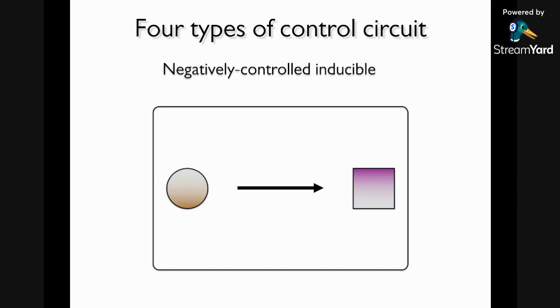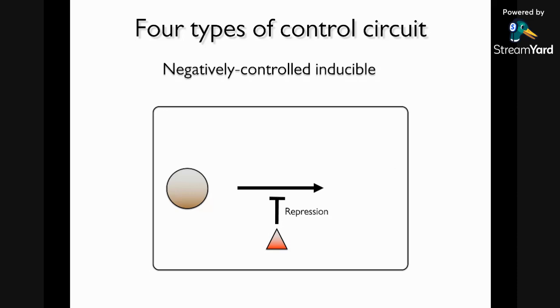If it is negatively controlled, I hope you can appreciate we are looking at a repressor. So the repressor, here shown in red, is going to repress this genetic circuit, and that will turn off synthesis of our product.